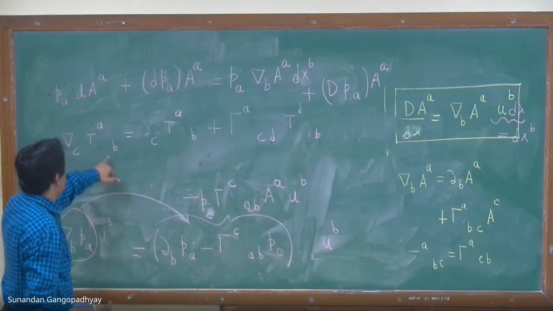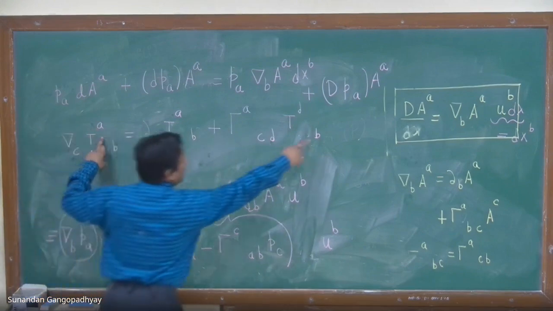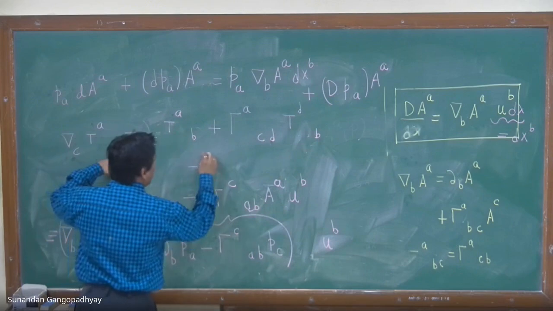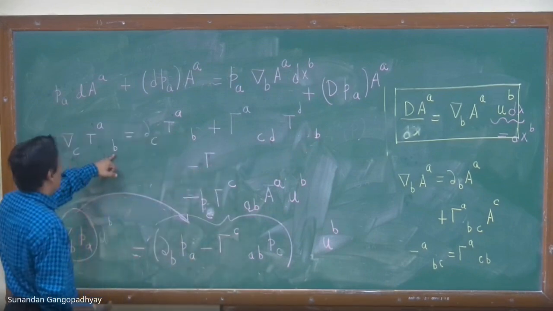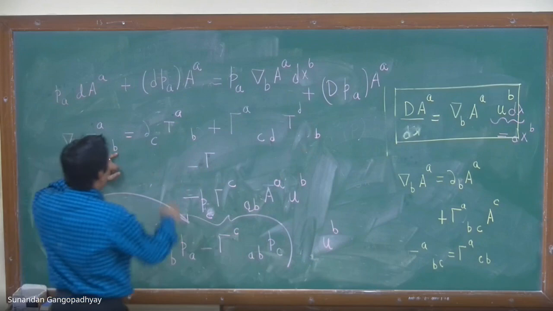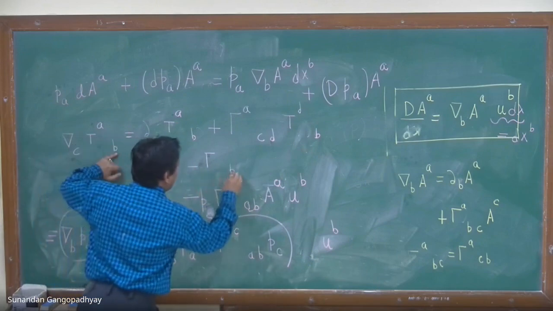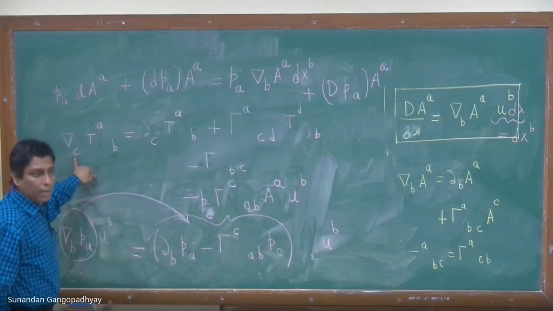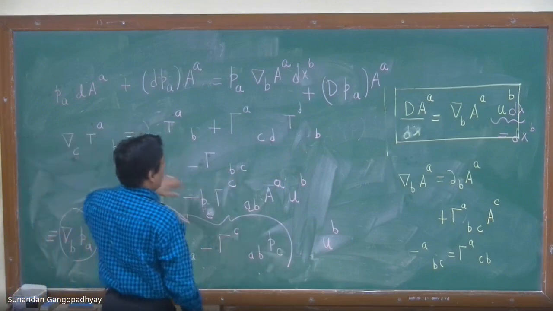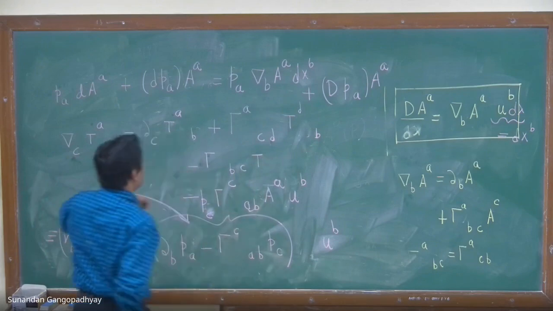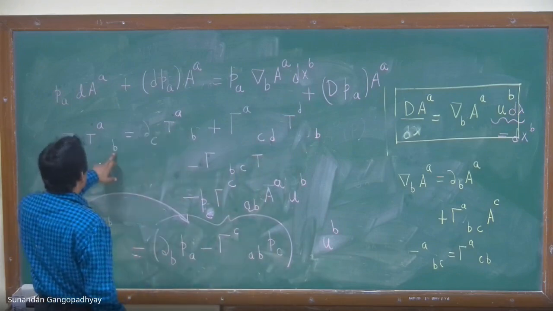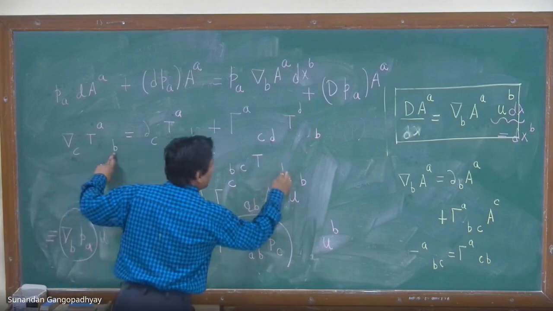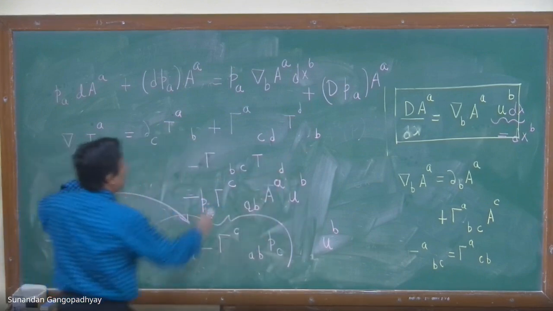Here you see that B remains fixed, C is already there, and for this index you put a minus gamma. The derivative index will always go here in the gamma. Now T, instead of B, you don't have B sitting here, so you have to put a dummy index here.